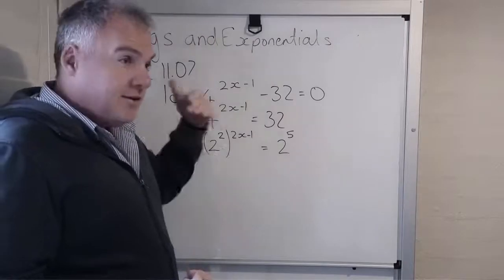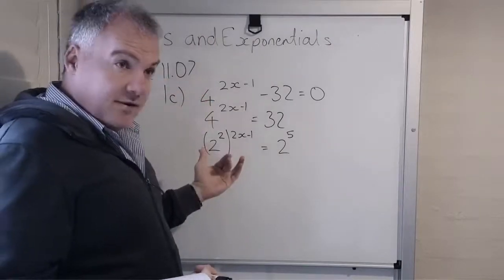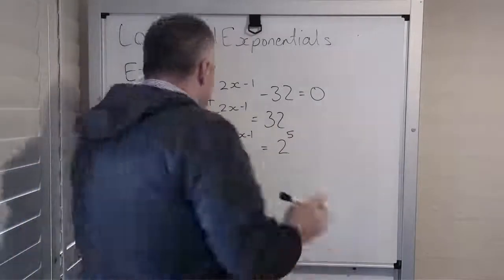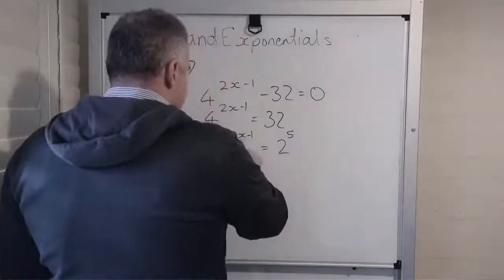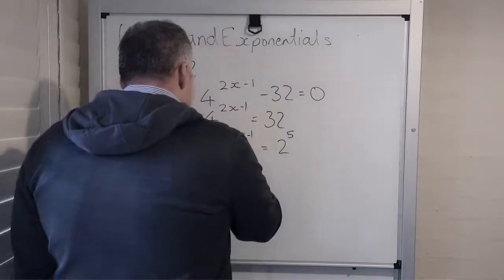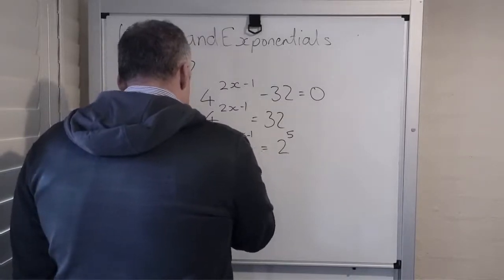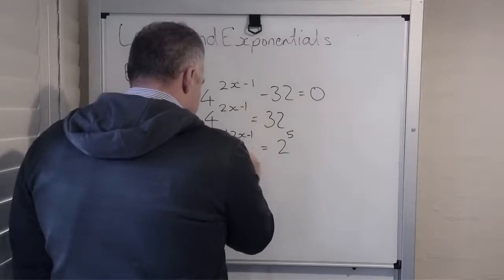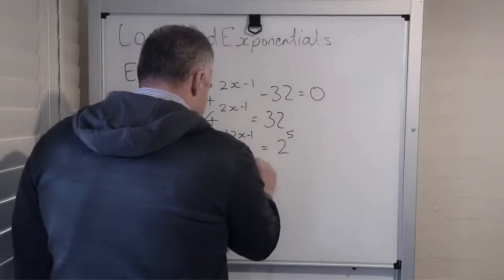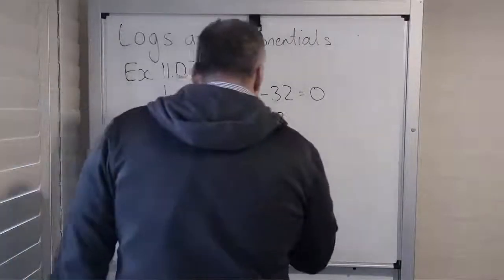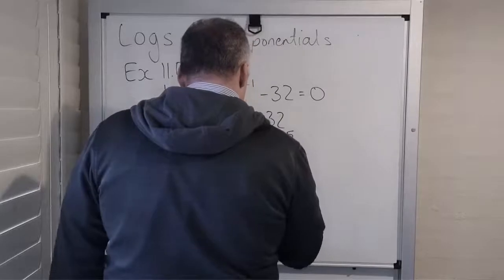But remember the rule of index notation, that you can times these powers together. So it ends up being 2 to the 2 outside of 2x minus 1, which equals 2 to the 5.